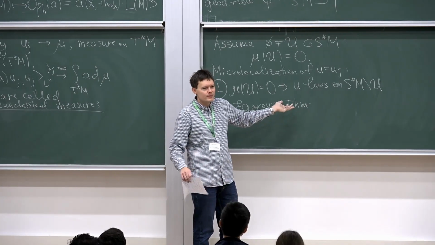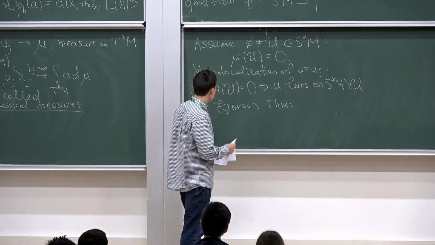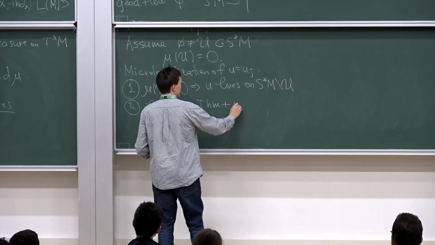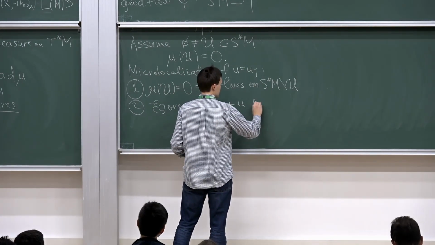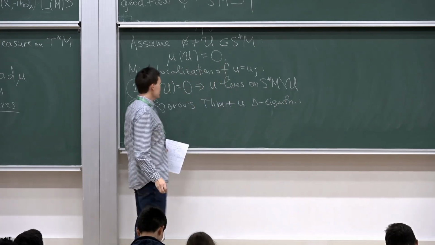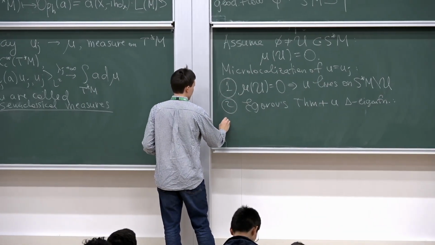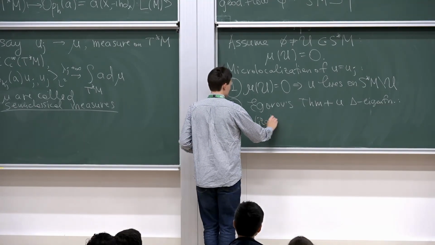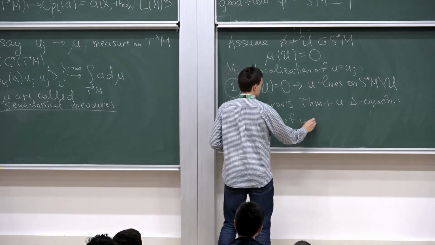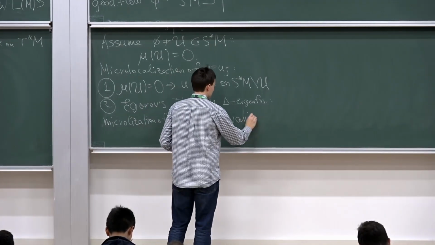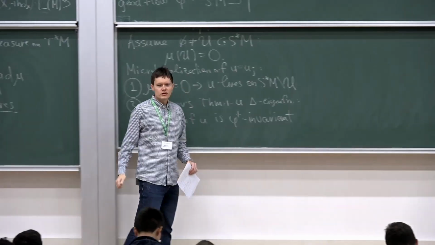In a way, that's the only place where the two are linked in the argument. So Egorov's theorem will tell me, plus the fact that u is a Laplace eigenfunction, that the microlocalization of u is invariant under the geodesic flow.